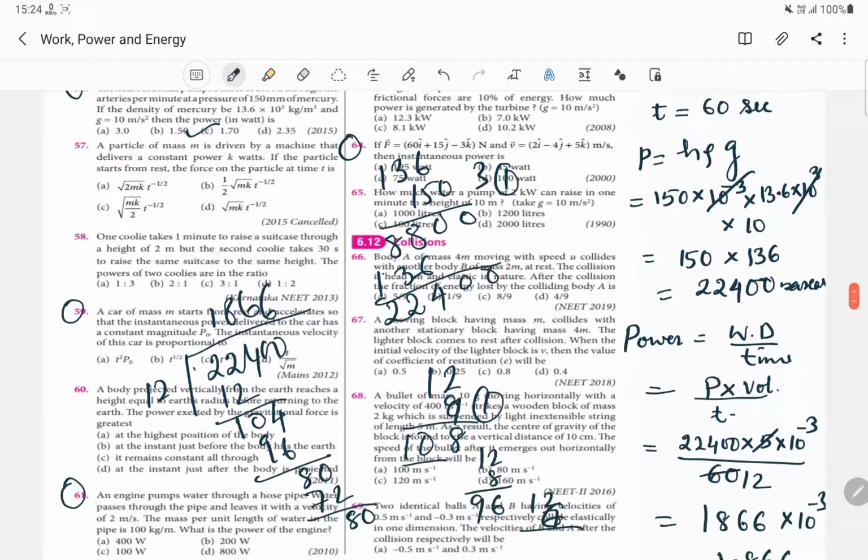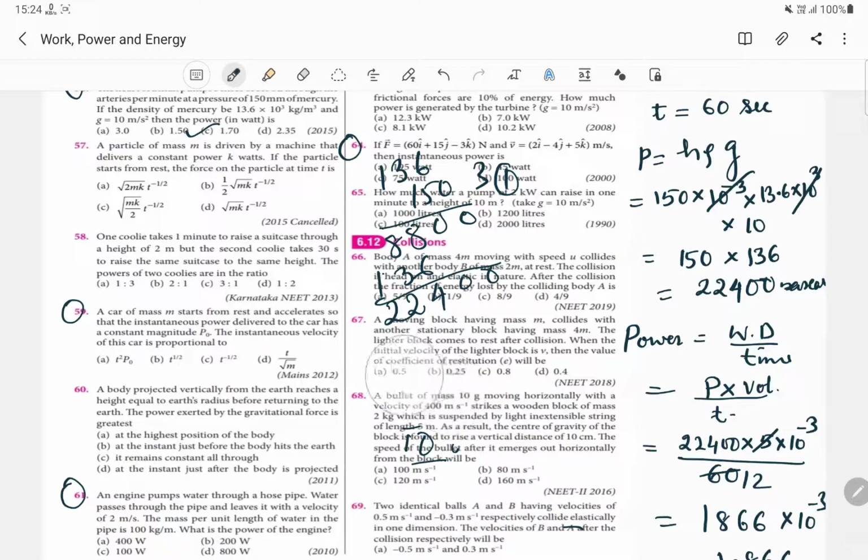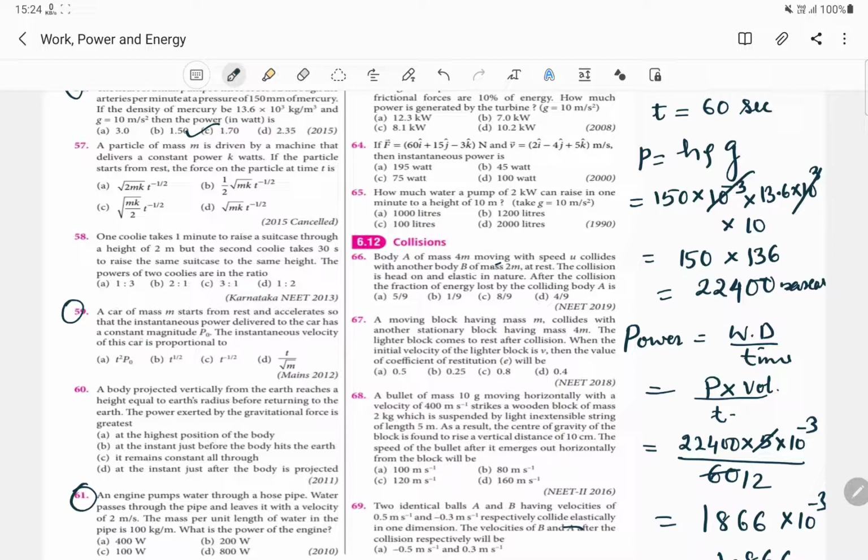Now let us do your question number 59. What is being given? A car of mass m starts from rest and accelerates so that the instantaneous power delivered to the car has a constant magnitude p naught.